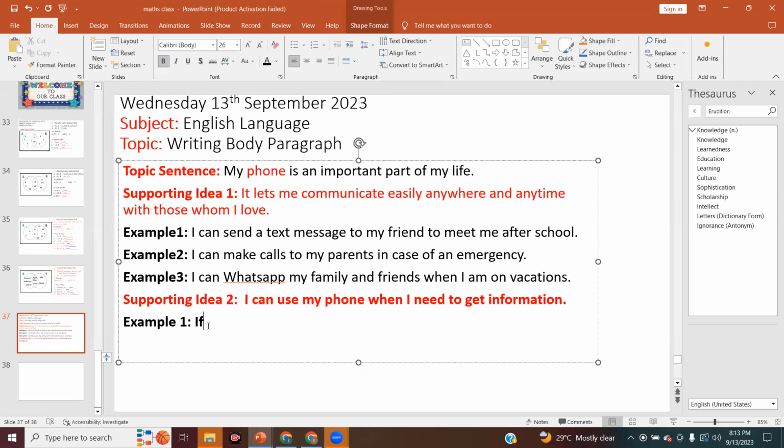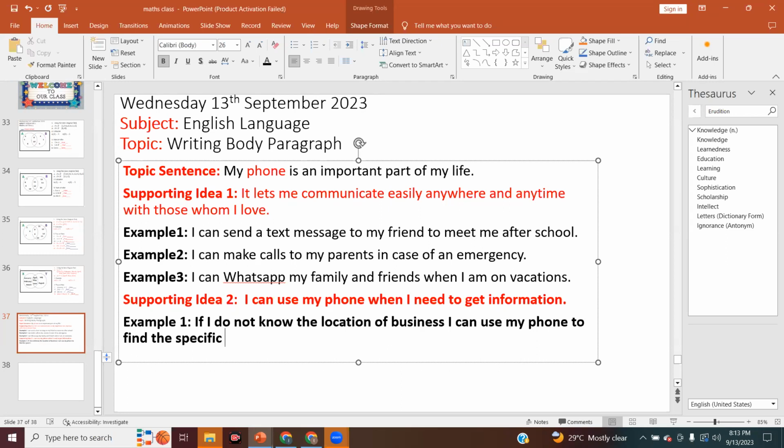Okay, so if I do not know, or if I get lost, if I don't know the location of a business, I can use my phone to find the specific location and even the directions, right? All right.